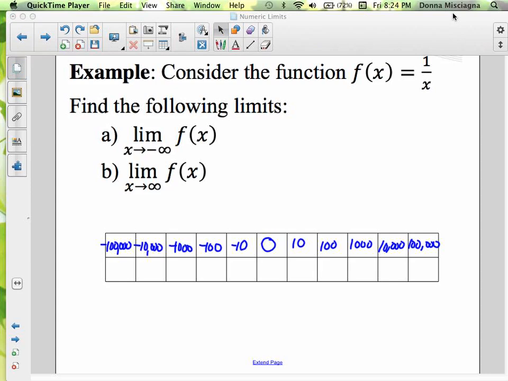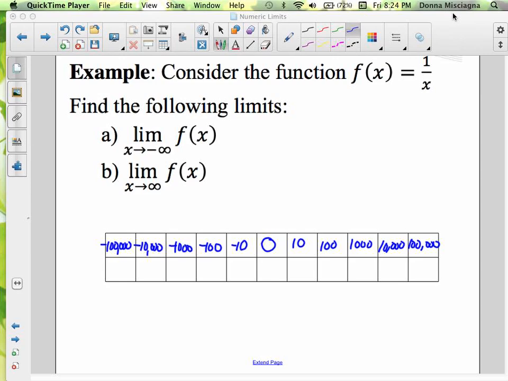So that we could do both limits here. By the way, if you're finding the limit of a function and it's as x approaches negative infinity or as x approaches infinity, can you be less than negative infinity? No. Can you be more than infinity?